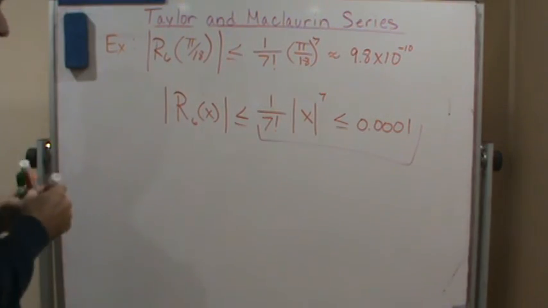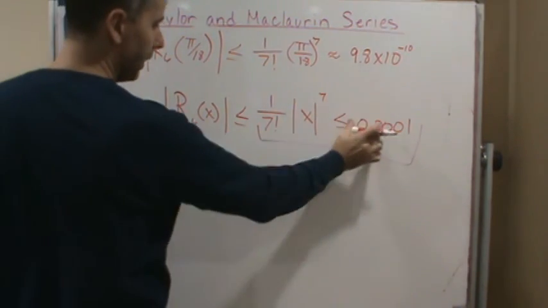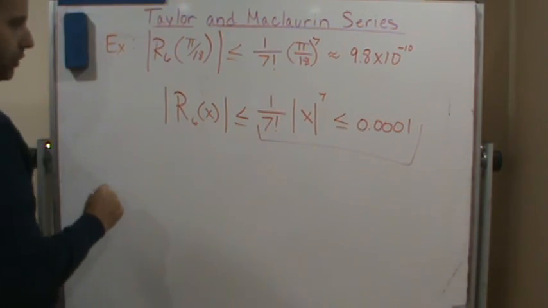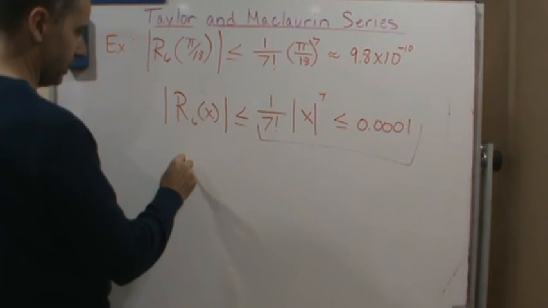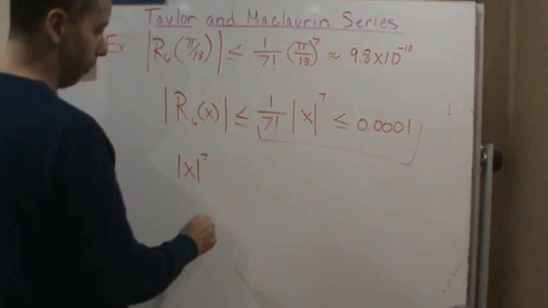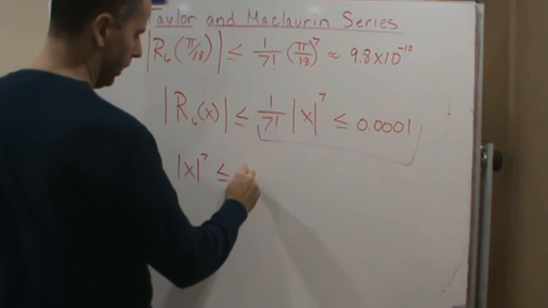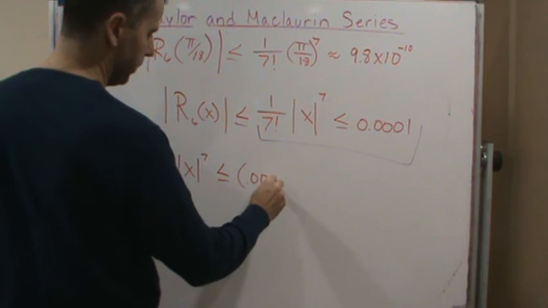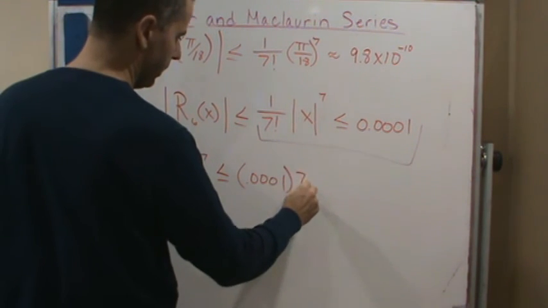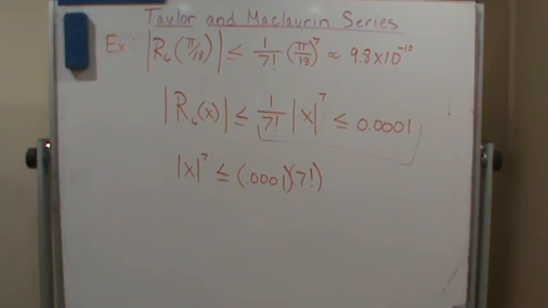If we solve for that inequality, we're going to multiply both sides by 7 factorial. That's going to give us the absolute value of x to the 7th power is less than or equal to 0.0001 times 7 factorial.